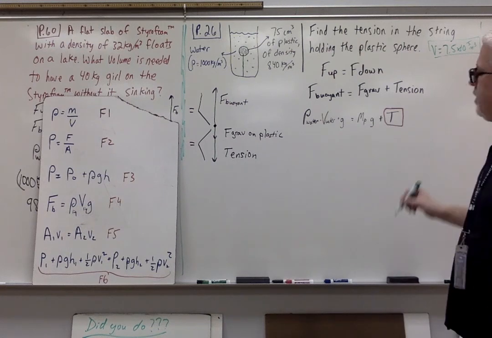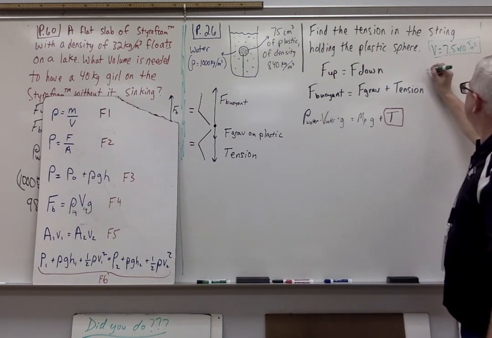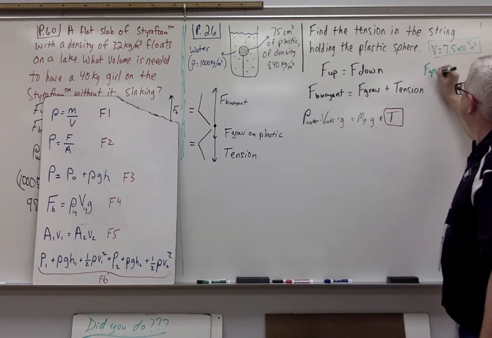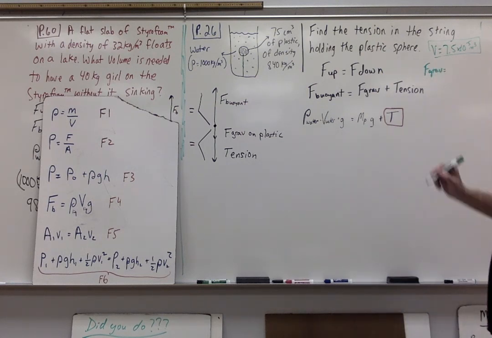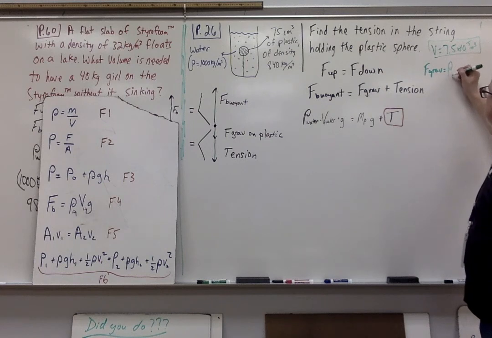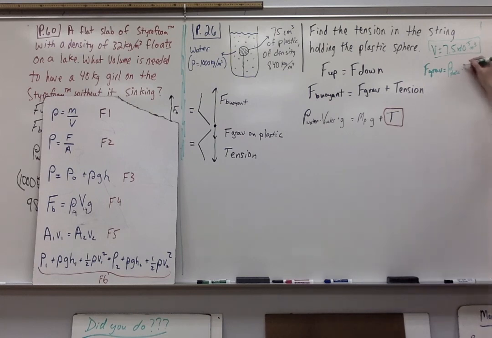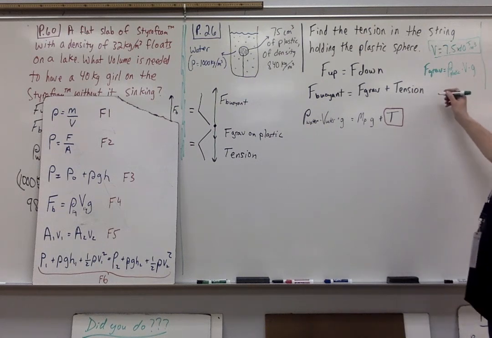I need to figure out the F grav, which is equal to density of plastic times the volume times G. Hopefully you can still see me over here. I'm running out of space.